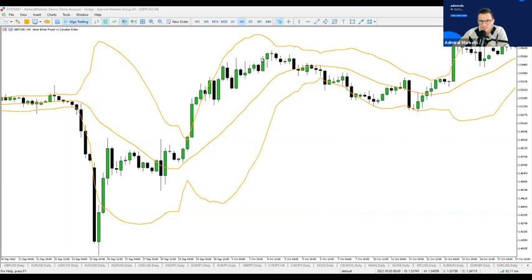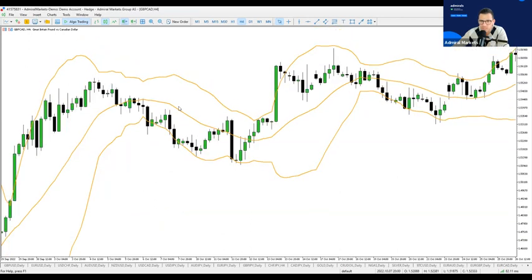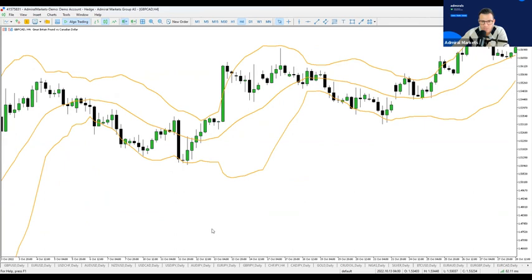I thought I couldn't see it, but anyway, so let's bring it to the middle. This one here, you see the price is coming back within the bands, and then it's trying to make a higher high, but you see the band creates this curve here.